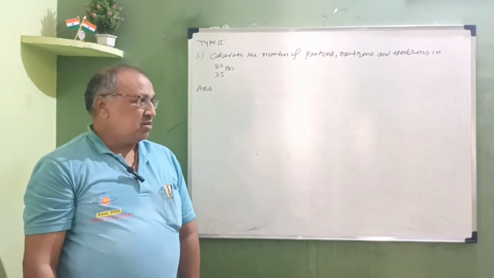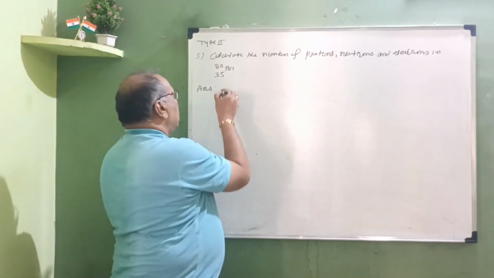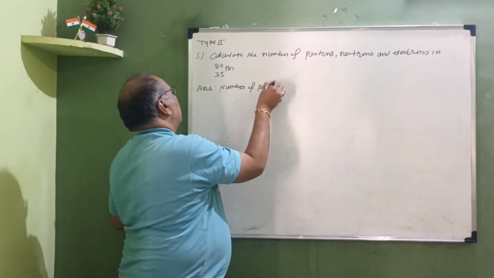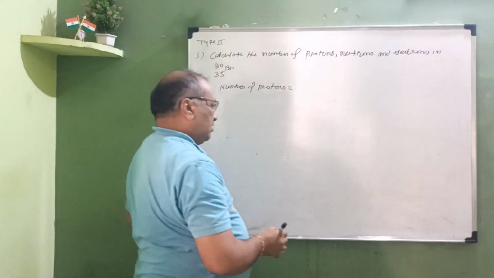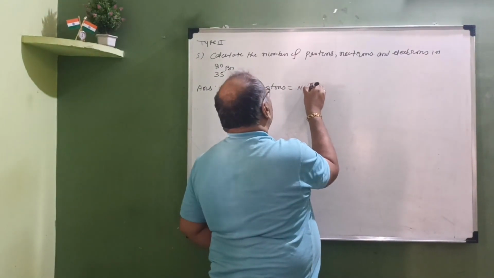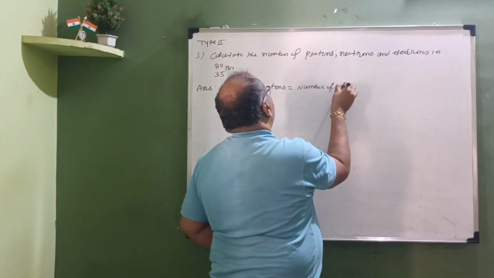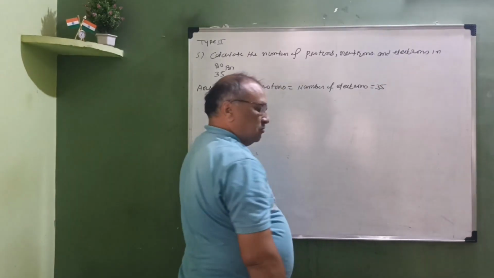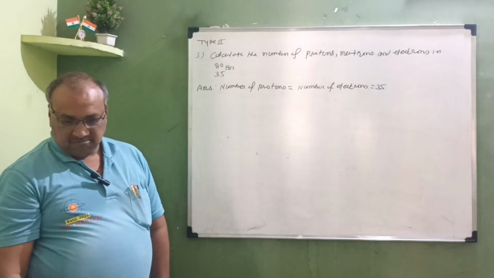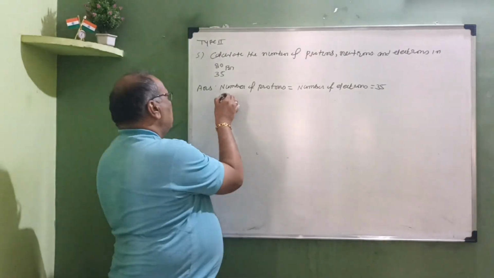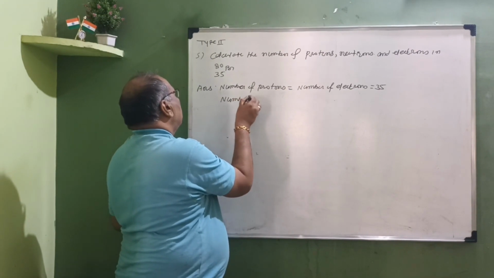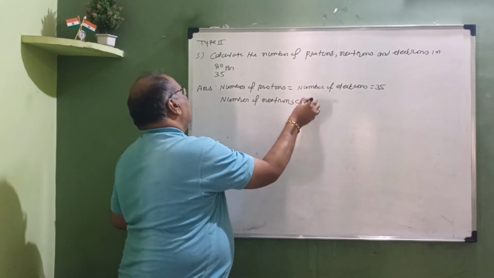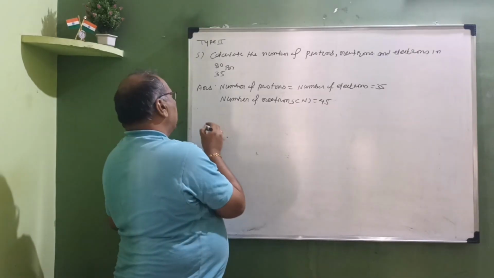Here answer is number of protons is equal to number of electrons, which is equal to 35, and number of neutrons n is equal to 45.